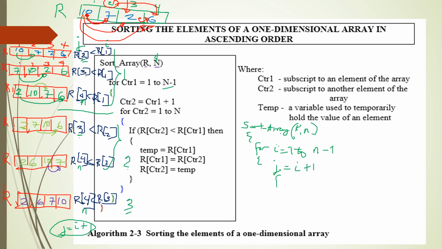And then, every time we have that value, meron tayong iteration for J. So, every time we have the value of I, J also increments. So, for J equals that value, okay, magiging 2, 3, 4.